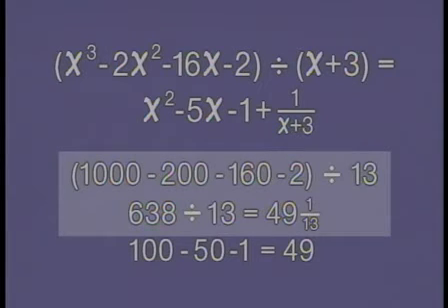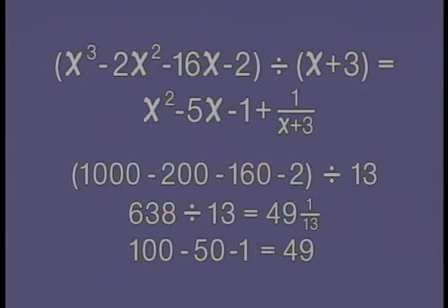Just as we checked polynomial addition, subtraction, and multiplication, we can check polynomial division by replacing the x with 10. And therefore x cubed is 1,000, minus 200, minus 16 times 10 is minus 160, minus 2, divided by 13. And that's 638 divided by 13, which turns out to be 49 and 1/13. So that's the answer if x is 10.